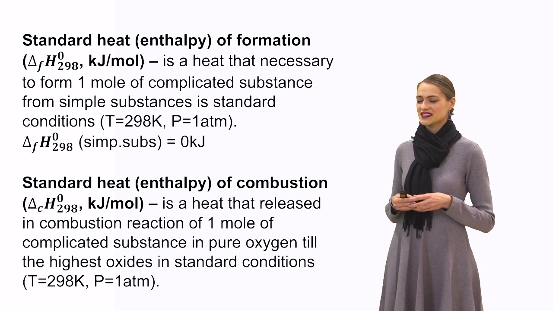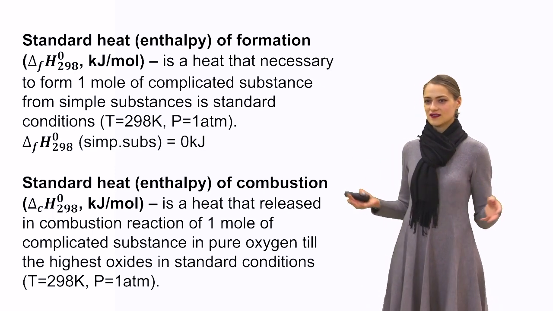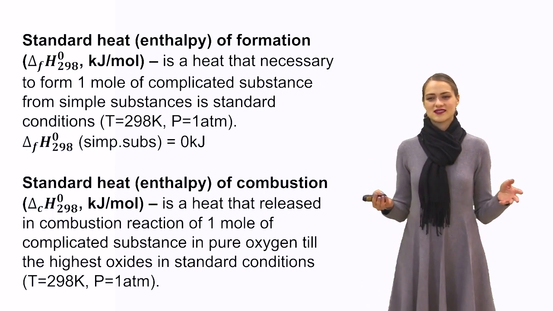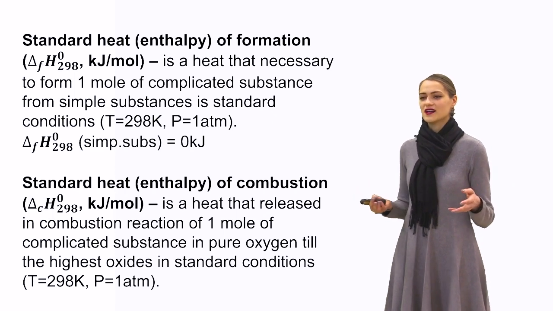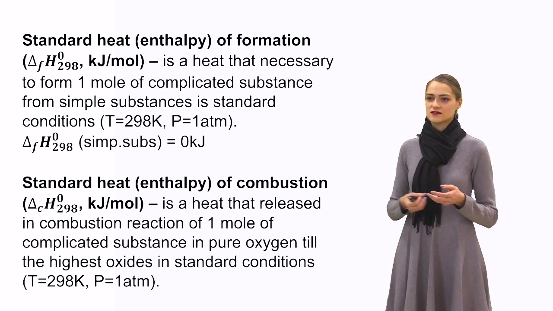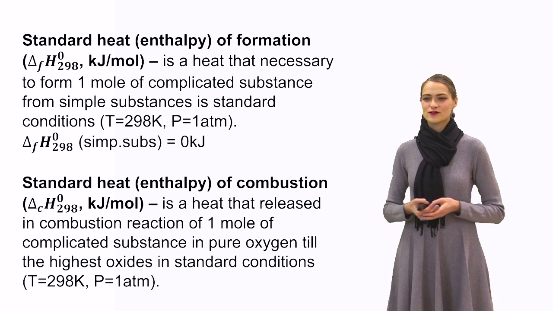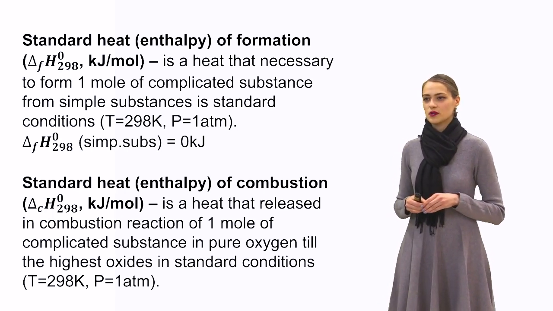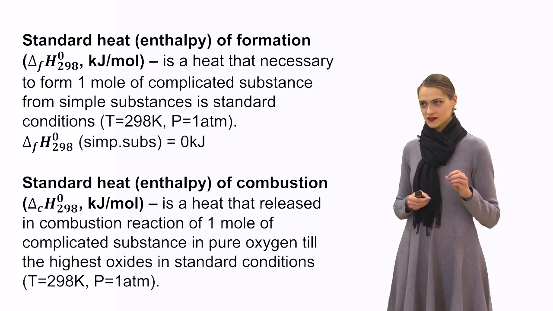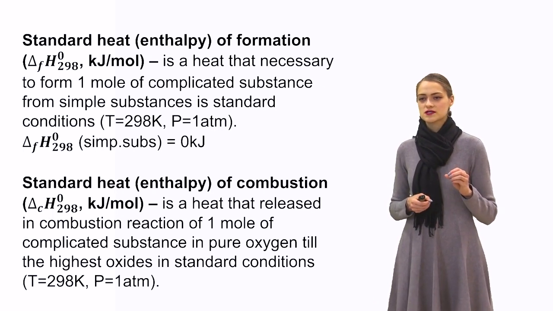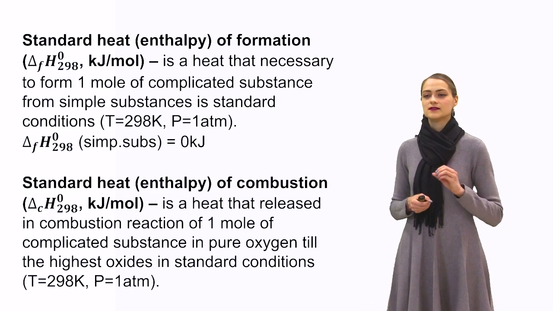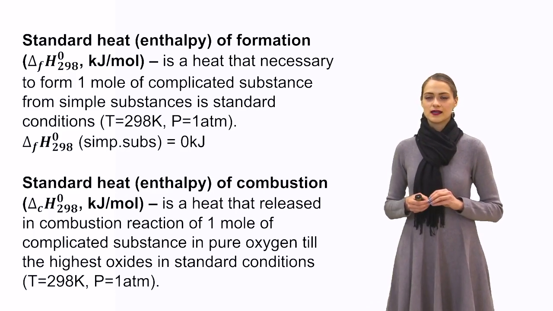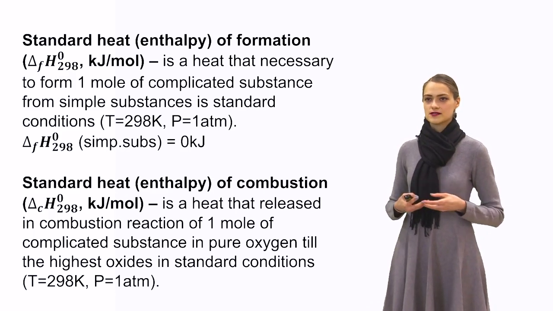and these substances burn in pure oxygen, because we can as well make a combustion reaction in the atmosphere, but our air is a mixture of different gases, nitrogen, oxygen, hydrogen, and so on. But for standard heat of combustion, we can say that we burn 1 mole of the complicated substance in pure oxygen, and this reaction produces the highest oxide.